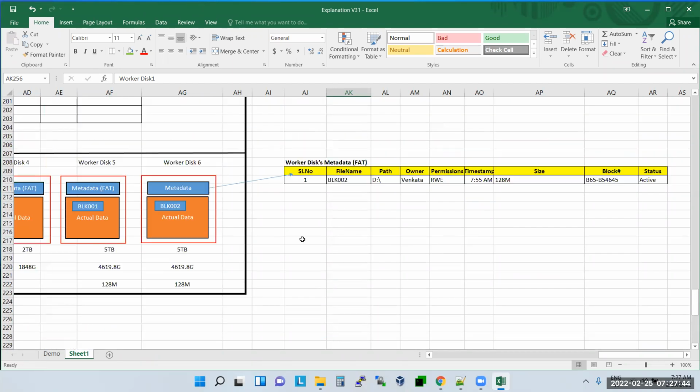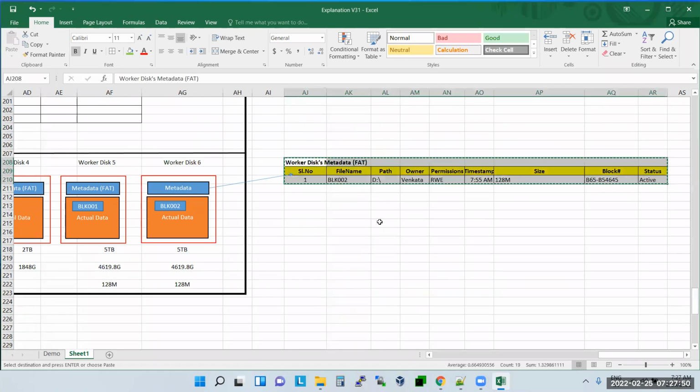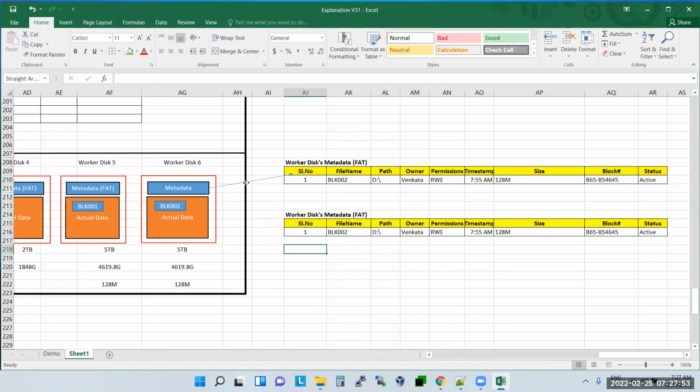See here, in the worker disk metadata, we have BLK002. So in this worker disk metadata, let's see. You will have 001.